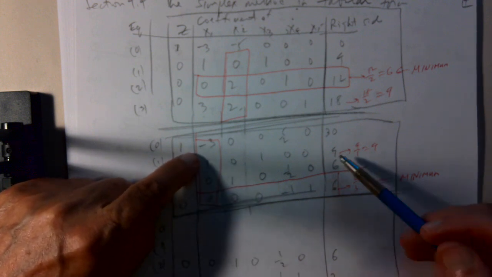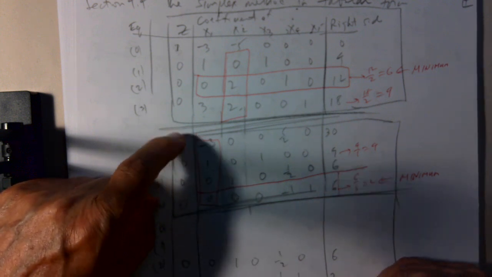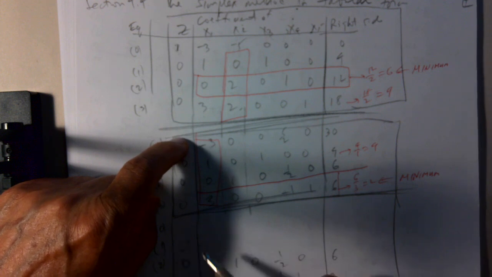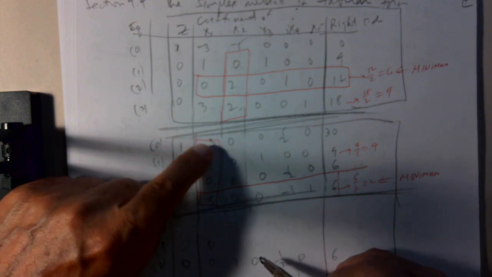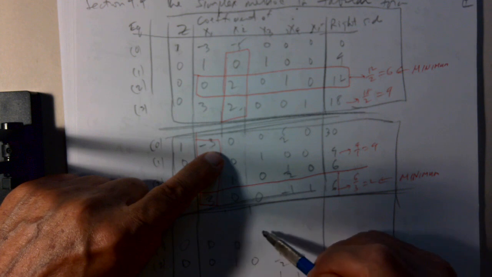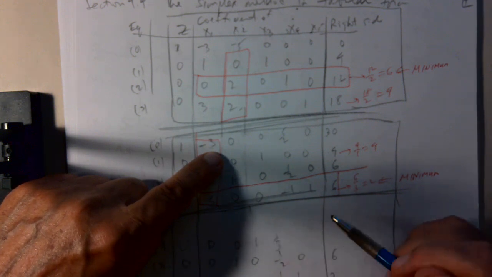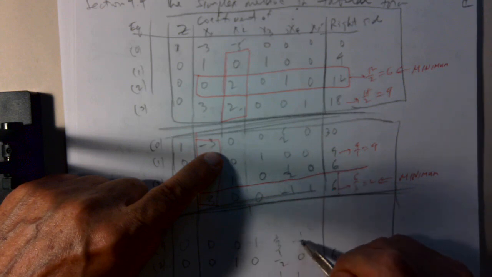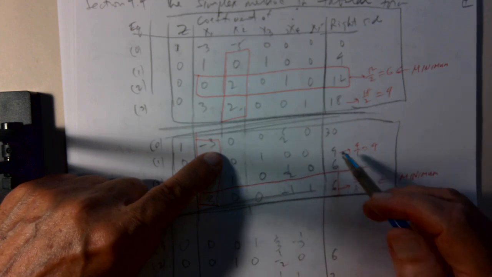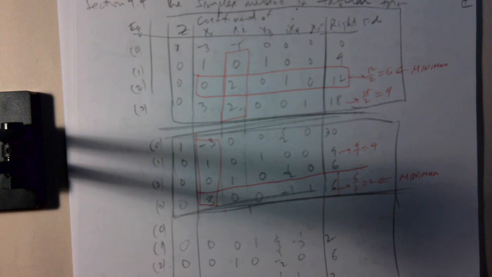To get a 0 here, I can take this row minus this row. 0 minus 0, 1 minus 1, 0 minus 0, 1 minus 0, 0 minus minus a third, 0 minus a third, 4 minus 2. So I get 0, 0, 1, a third, minus a third, 2.